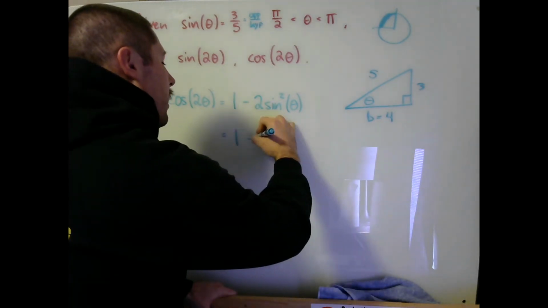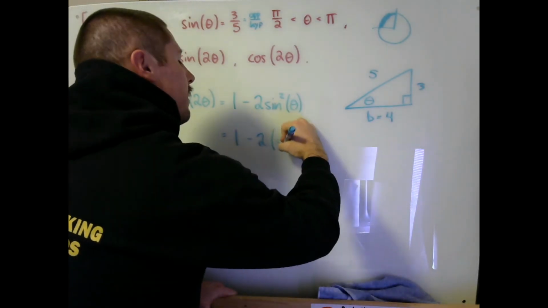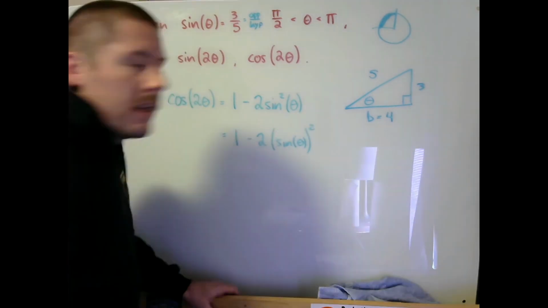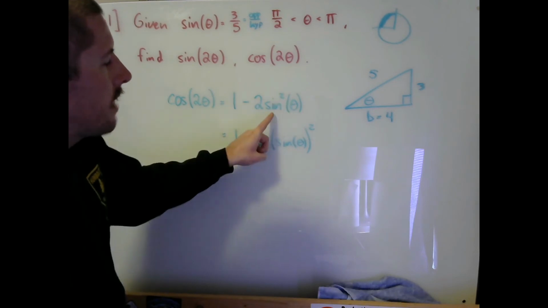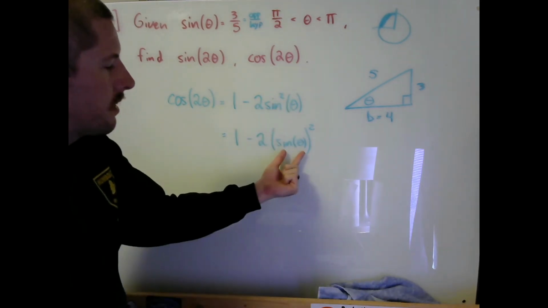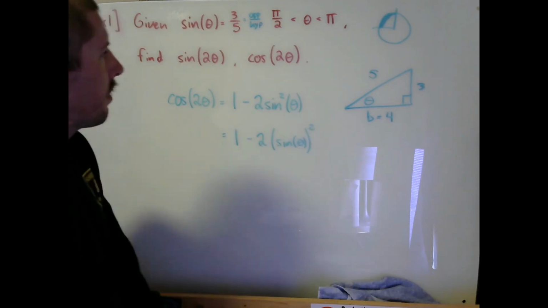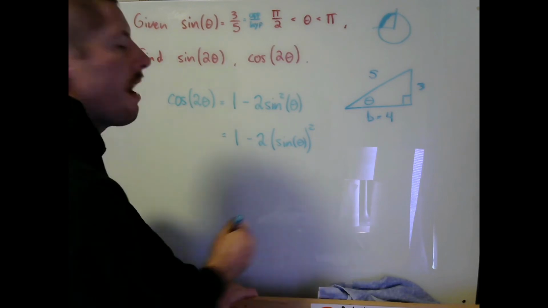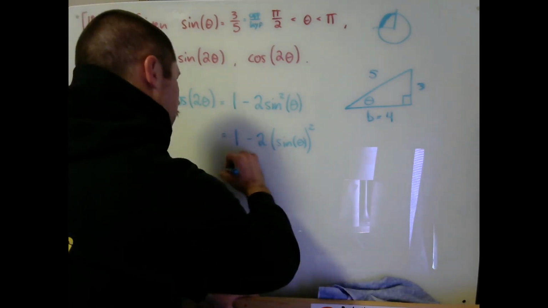Remember that this square is, in a sense, on the outside. Another way that we could think to rewrite this is like this. This is equivalent. When we put this square on sine, we say first evaluate sine of theta, then square that quantity. All I've got to do now is plug in 3/5 for sine of theta, and we'll have our value of cosine of 2 theta.